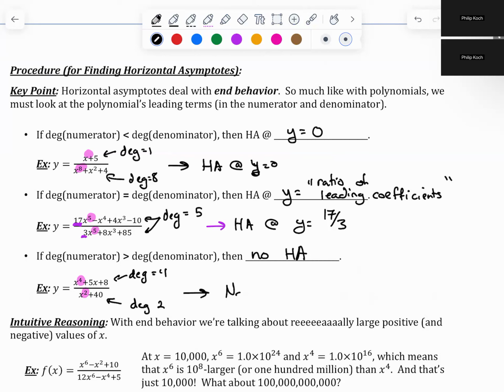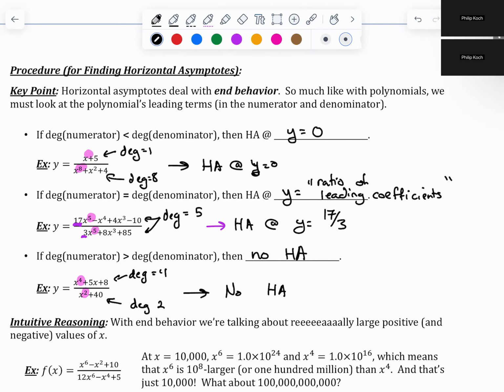So there's no HA. So if the degree of the numerator is smaller, you have a horizontal asymptote at y equals 0. If they're the same, you have an HA at the ratio of leading coefficients. And if the degree of the numerator is larger, then there's no HA.